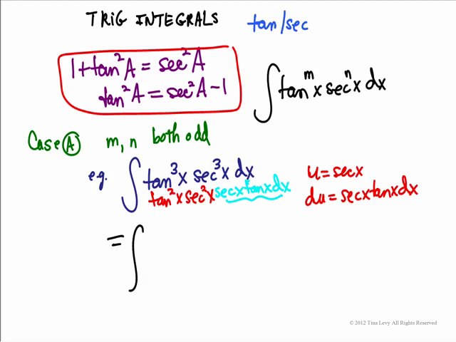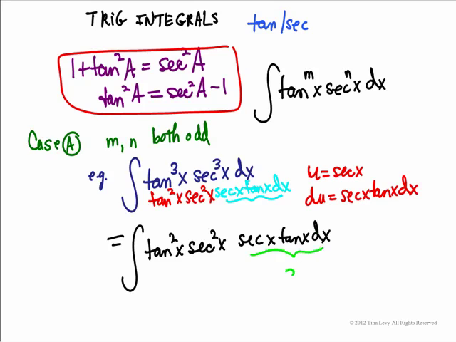Working this out, I have tangent squared, secant squared, and then I've got my secant x tangent x dx. This is my du, and the secants are my u, so now I have to change tangent squared in terms of secant squared.